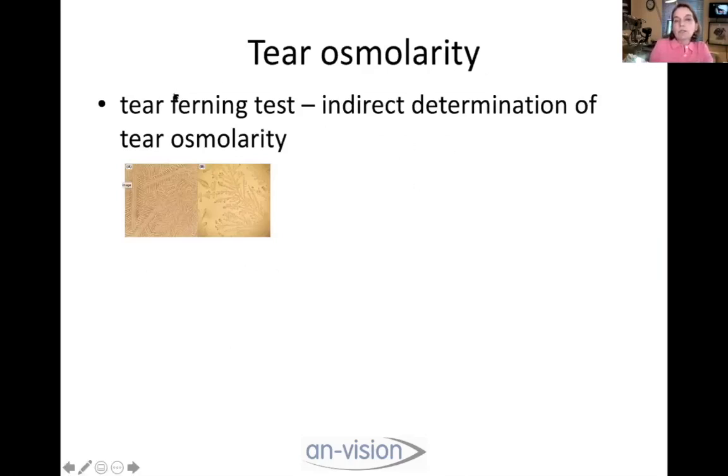Just to show you what it is, the tear Ferning test is an indirect determination of tear osmolarity, which means that it collects tears and places them on a glass slide and lets them dry, and the way those crystals are formed is graded, and then you can see on the left a normal Ferning test, and on the right a Ferning test with a suspicion of a tear film disorder.